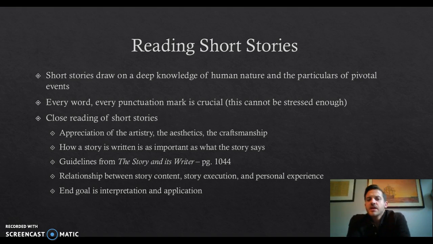Okay? So in that sense, fiction, short stories, novels, whatever, in that more literary sense, everything is scrutinized to create in relation to this unity of effect.